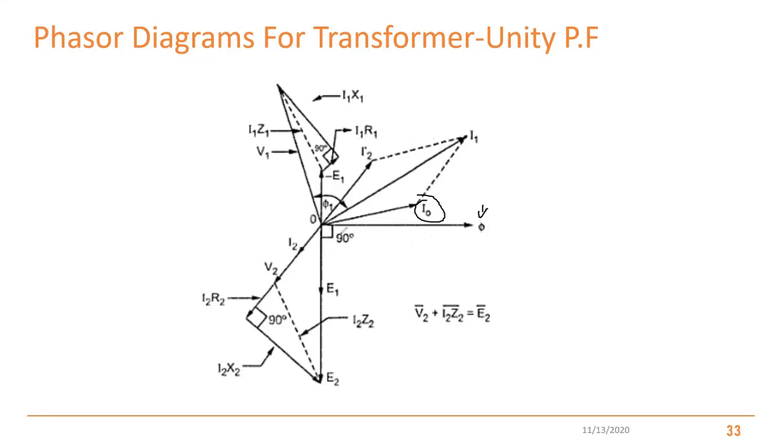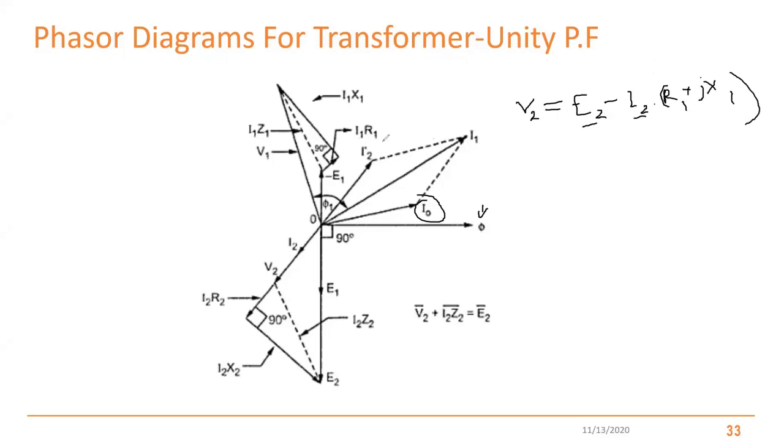Then you can draw the V2 like this. I think V2 is given by E2 minus I2 into R1 plus jX1.